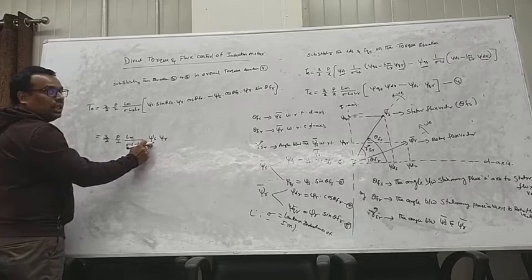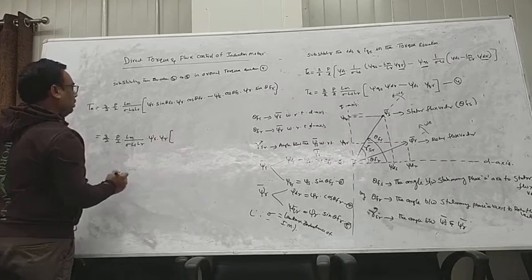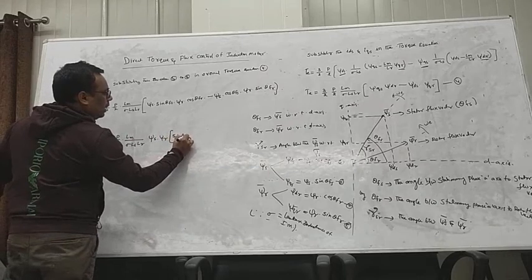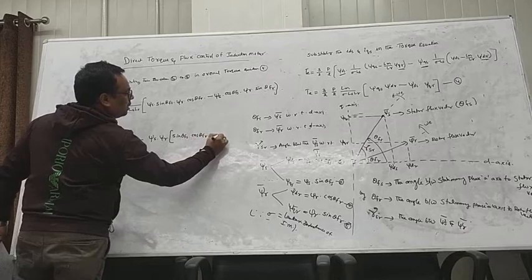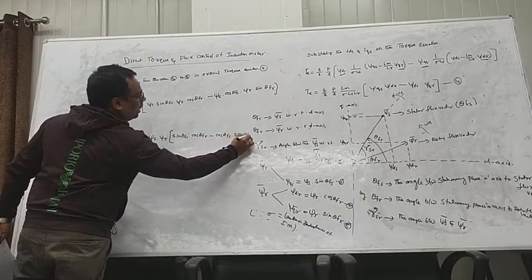These are the stator flux vector and rotor flux vector components: sin theta Fs into cos theta Fr minus cos theta Fs into sin theta Fr.